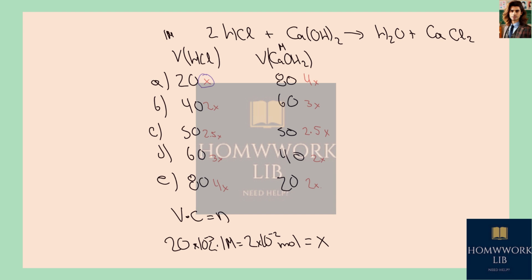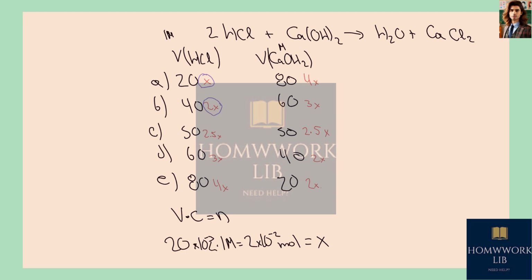This comes from the fact that 2 moles of HCl correspond to 1 mole of calcium hydroxide, so corresponding to x. So in the first one, 1/2 of x is going to react, so the limiting reagent is going to be HCl. Over here, the limiting reagent is still going to be HCl.